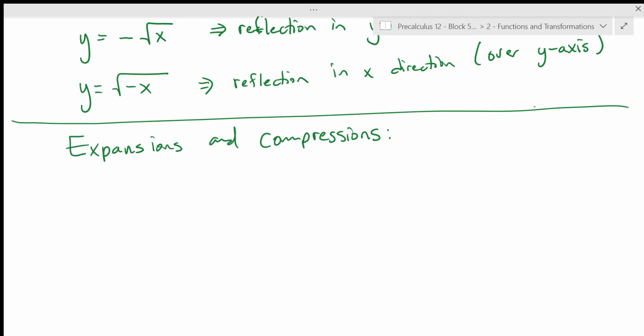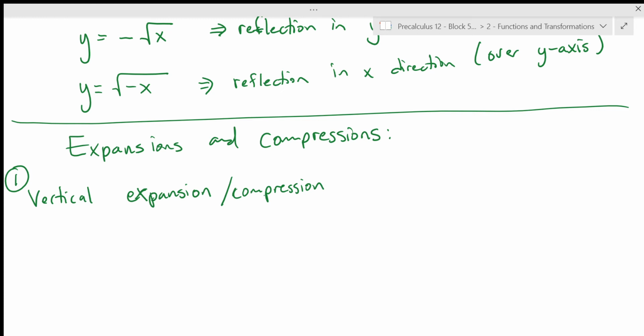So we have a vertical expansion or compression. This is our first one, our vertical expansion or compression in the y. Okay. And you're mostly going to be working with vertical expansions and compressions.